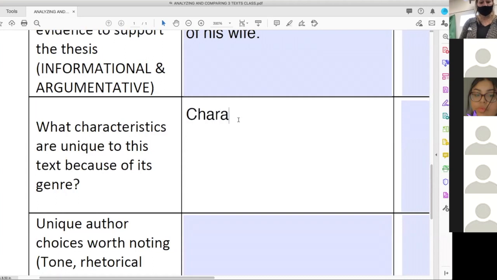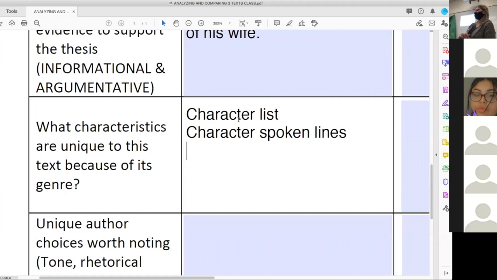Character list, exactly. So let's put that character list. Characters, and you said they're spoken lines, right? What else? Dialogue, yep. A lot more dialogue than when you're reading other types of work. Stage directions, yep. You won't find those in an article.